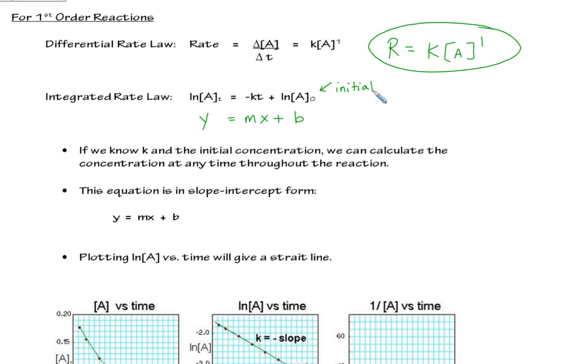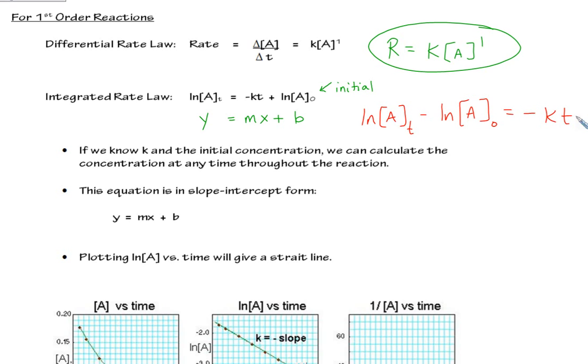That's kind of nice. Now be aware, that's not how it's shown in the AP packet. The AP packet kind of writes it like this. Natural log of A at time t minus natural log of A initial equals opposite K T. There's nothing wrong with that. It's fine to write it like that.